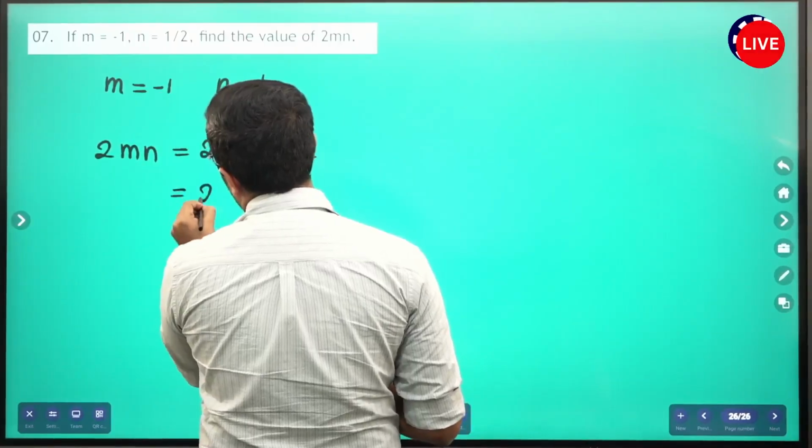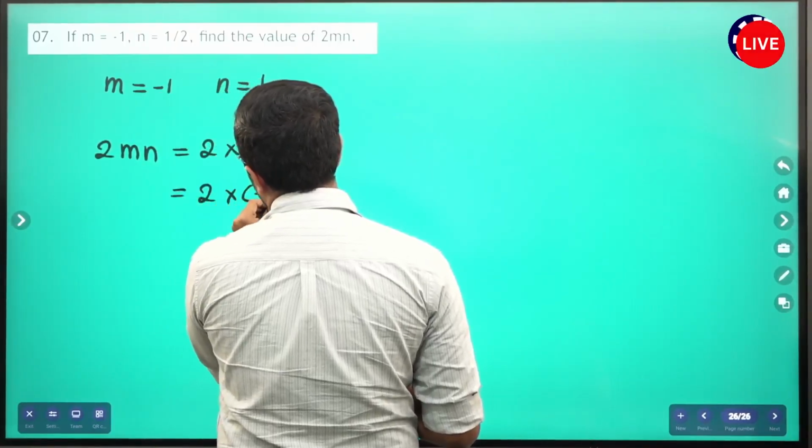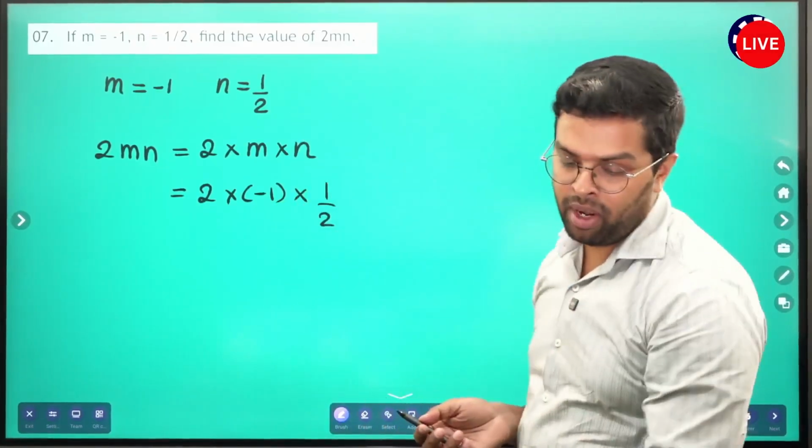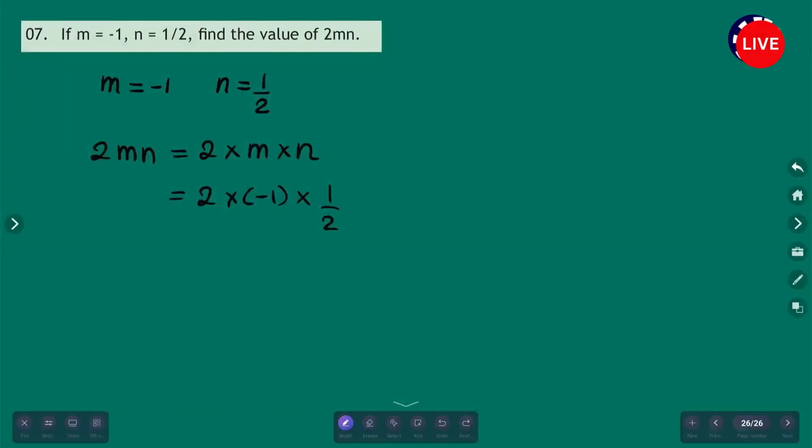So 2 into m is -1, n is half. 2 into -1, n is minus half.